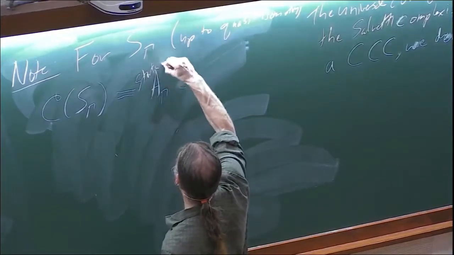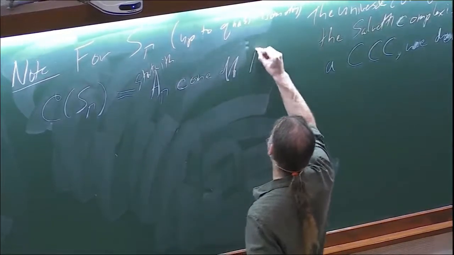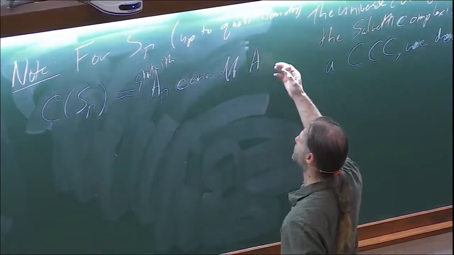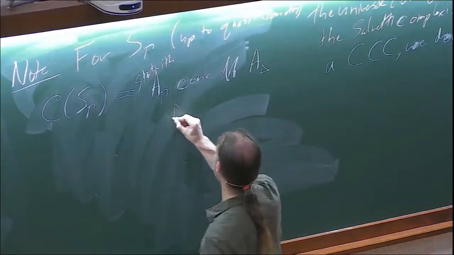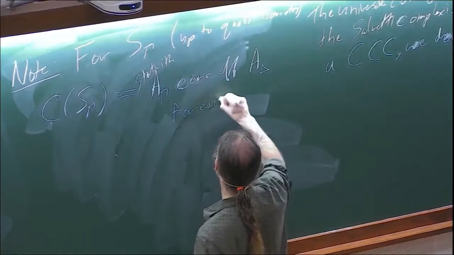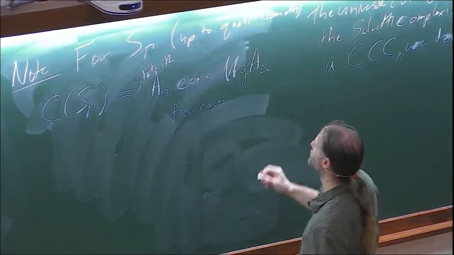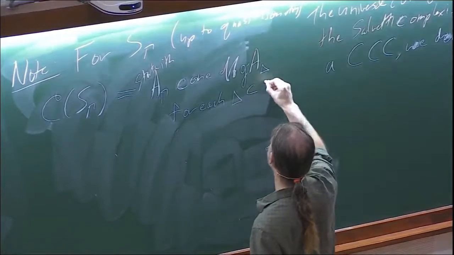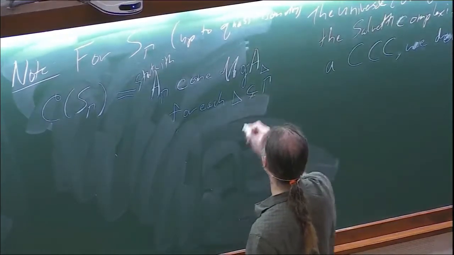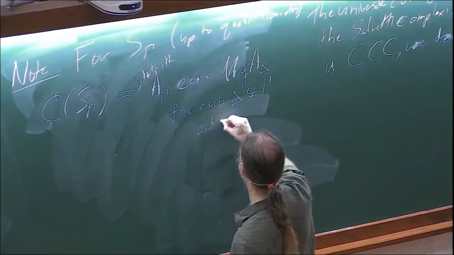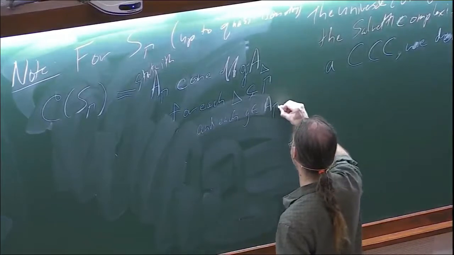Start with A sub gamma and cone off g times A sub delta, for each delta properly contained in gamma, and each g in A of gamma.